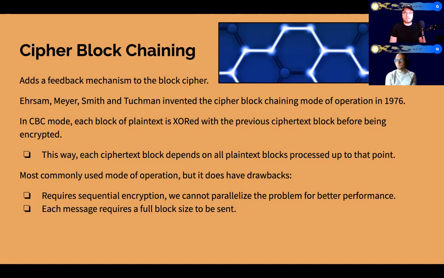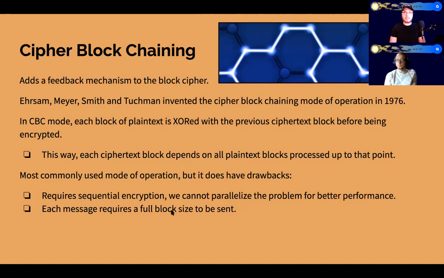You can't do that here because you have to start with your first block that passes into the second, passes into the third. So it's a little slower than some other techniques, but this is also one of the most commonly used ones. So it's still really well known and popular in the industry.